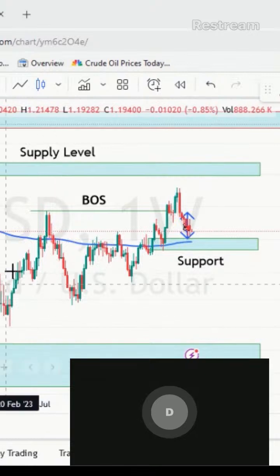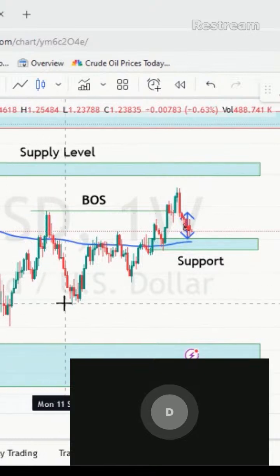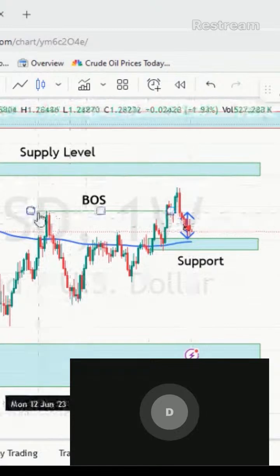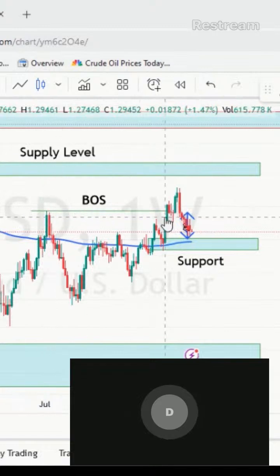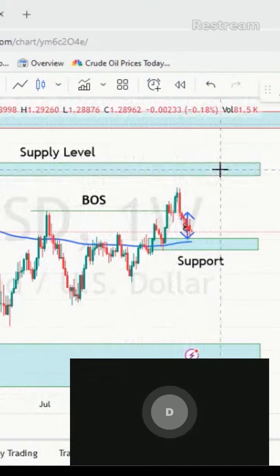The price is making a higher high at 1.312 of June 19. We have a clear break of structure there, but the price is yet to get to the next supply level before we have a pullback.